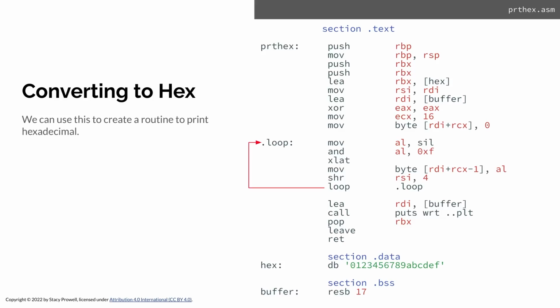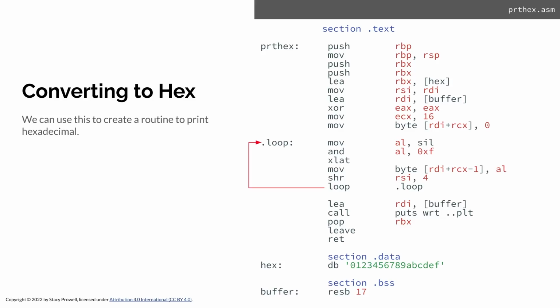And that makes sense because we're going to go ahead and encode the contents of the register from the lowest order nibble up to the highest. Okay, and we're going to put that into memory. Then we shift RSI right by 4, which means the low 4 bits are thrown away and everything shifts over.